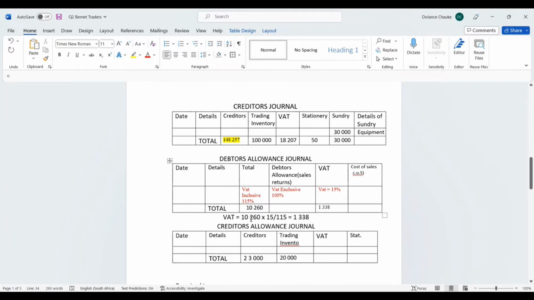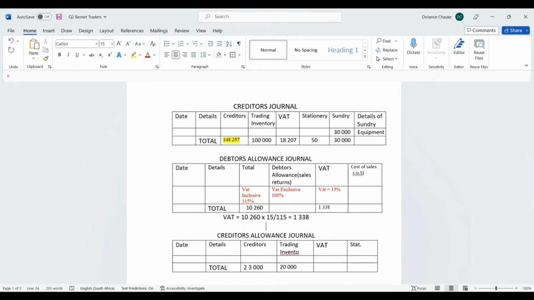Or we can say sales returns is equal to 10,260 multiplied by 100, which is the percentage of the sales returns, divided by 115. We will get the amount there. Or we can say 10,260 minus VAT. We will get our sales returns or our debtors allowances. How much?